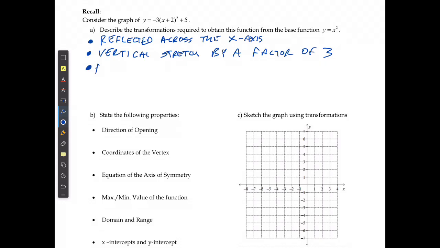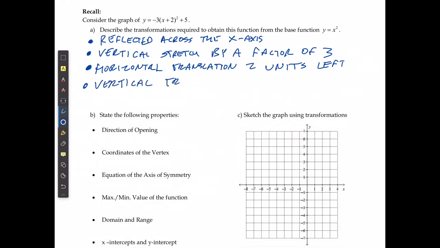So I have a horizontal translation, in this case, 2 units left. And finally, I have a vertical translation, five units up.